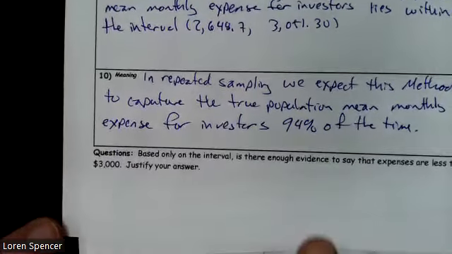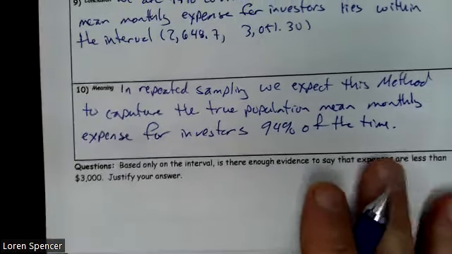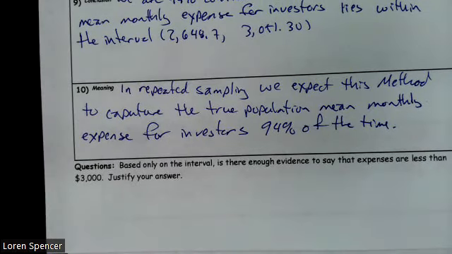All right, very last thing, based on the interval, is there enough evidence to say that the expenses are less than $3,000? Justify your answer.